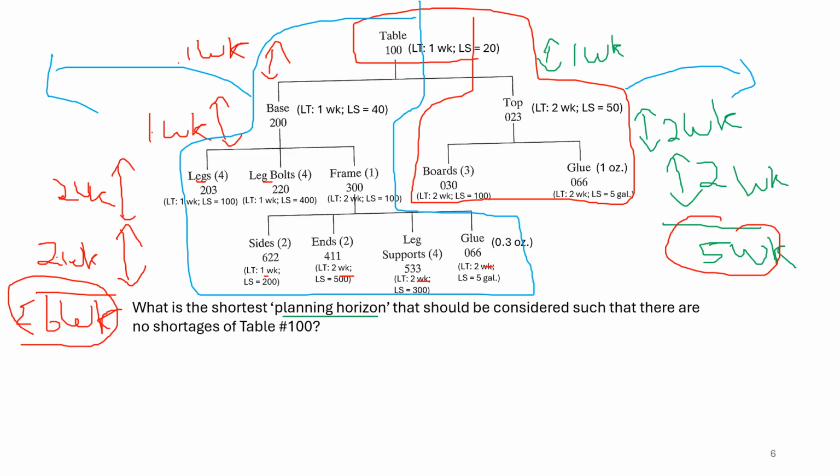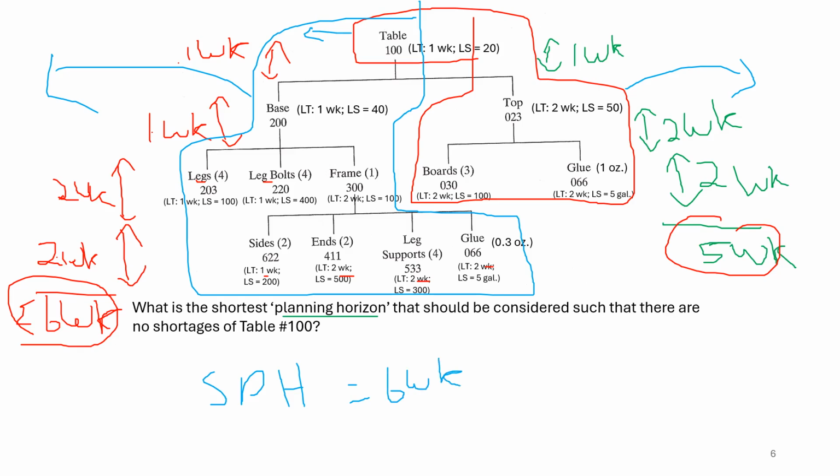So it takes 6 weeks from November 10th to get 20 tables ready, considering that we are manufacturing everything else from scratch, or we don't have anything else with us in inventory at all. So the shortest planning horizon, I'll just write it as SPH, for this particular problem, to manufacture one table is 6 weeks.